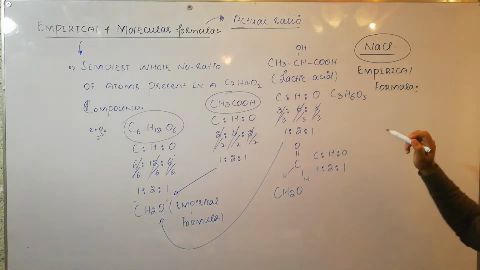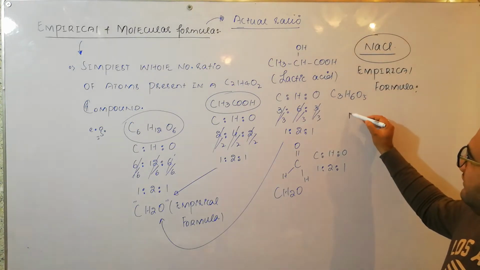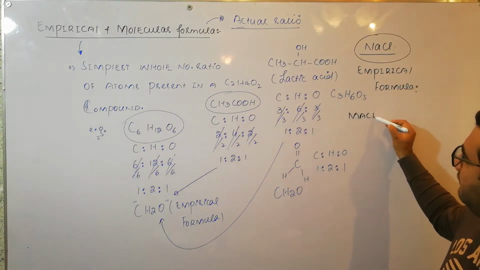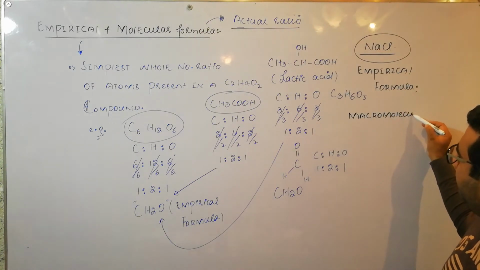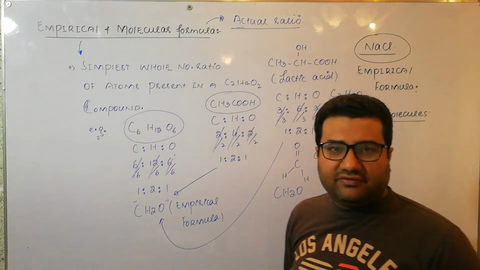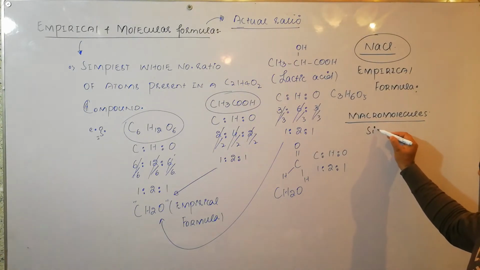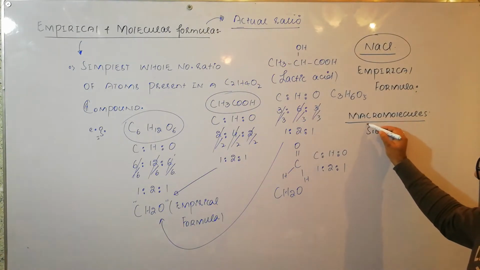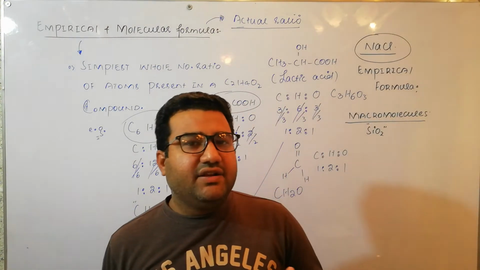Similarly, another very important point about the empirical formula is that macromolecules, like one of the very common example of the macromolecules is silica, having formula SiO2.